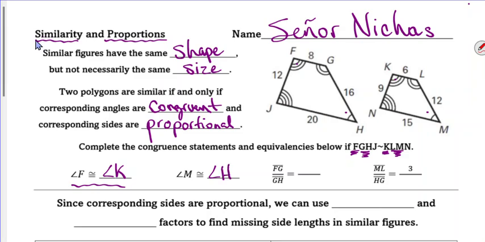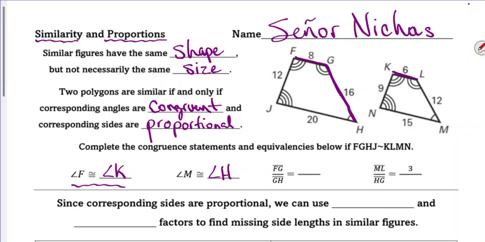And now we're getting into how these sets of sides are actually proportional to each other. So side FG divided by side GH is going to be equal to, we're going to look at that other quadrilateral and pick out the same corresponding sides here.